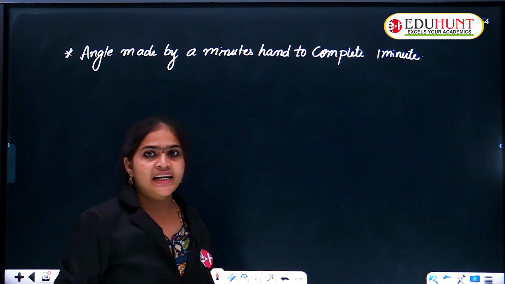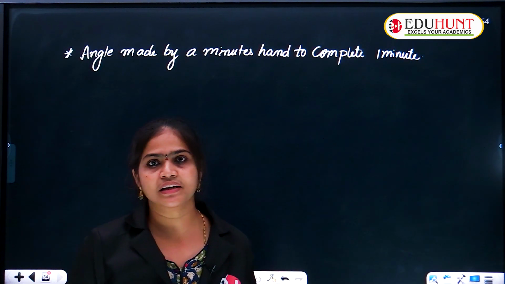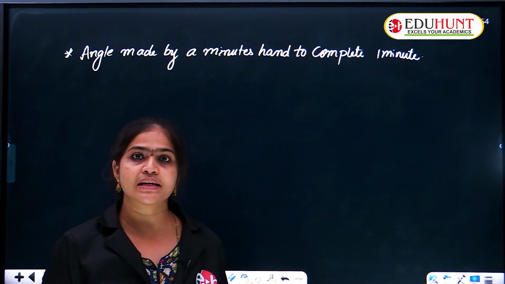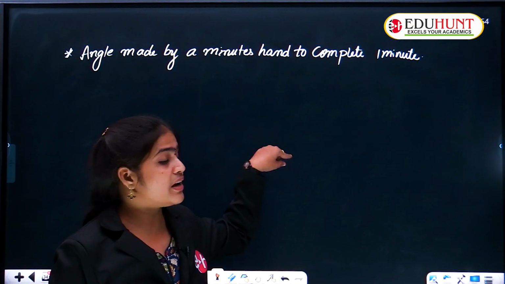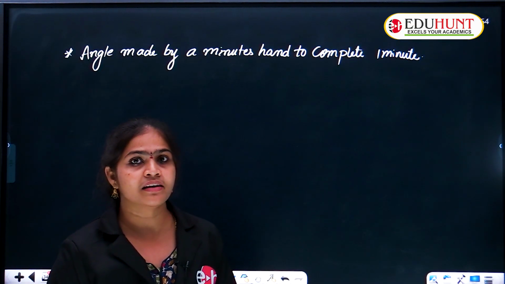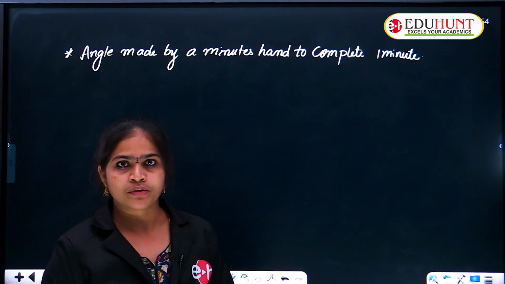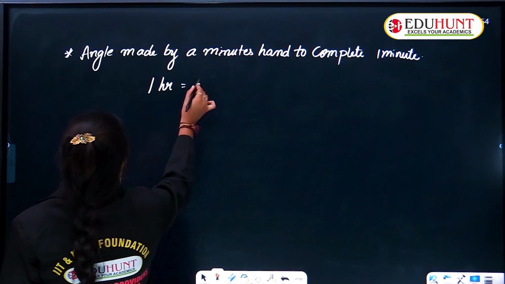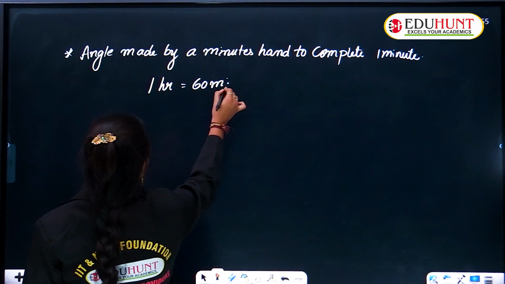Children, see here, 1 minute is equal to how many seconds? 1 minute is equal to 60 seconds. And 1 hour is equal to how many minutes? We can say it is 60 minutes. So 60 minutes make 1 hour.